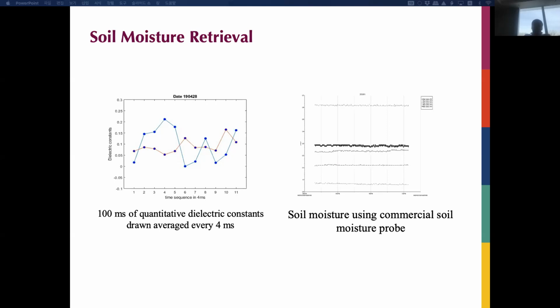And then the right-hand figure shows the dielectric constant from the soil moisture probe. But in both measurements, there is a huge difference in the measurement time. So we have to improve our receiver and then try a similar experiment later on.